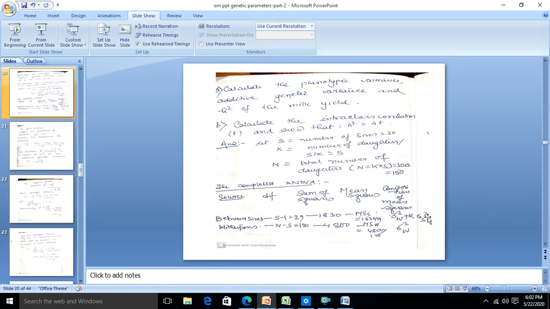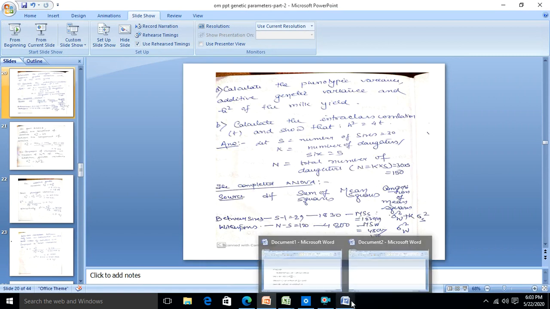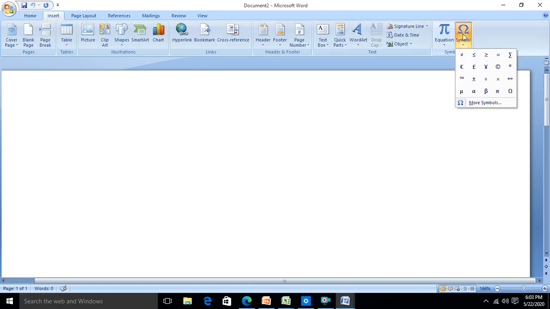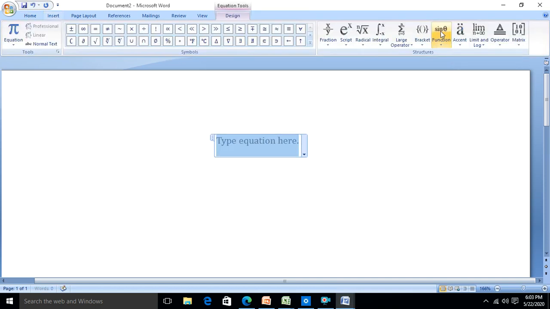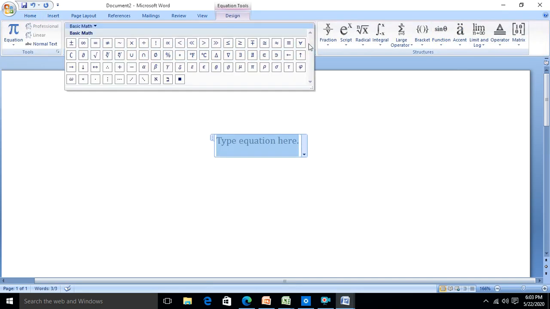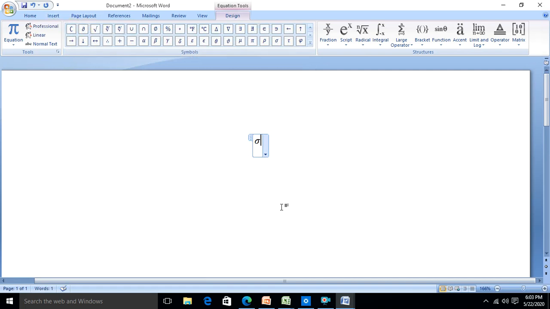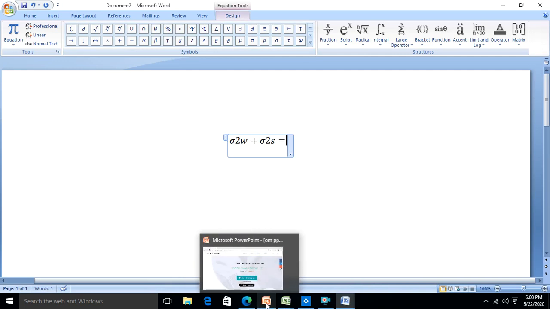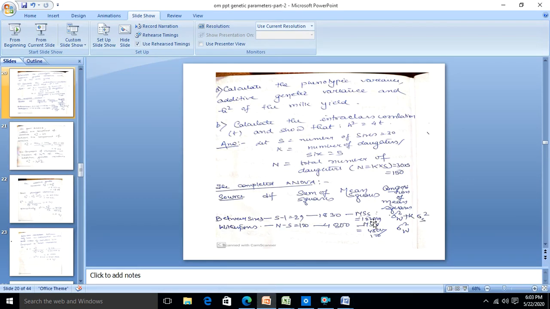You see sigma square W plus K sigma square S is equal to 1830 upon 29. I'm just equating these two: 1830 upon 29.